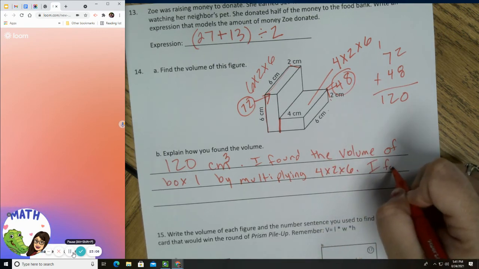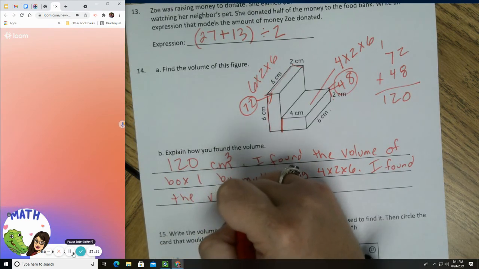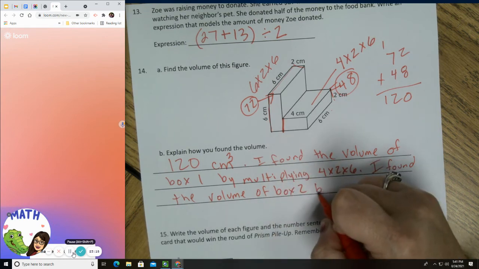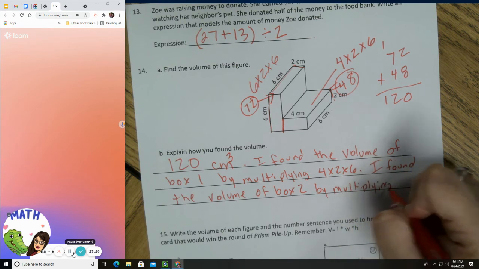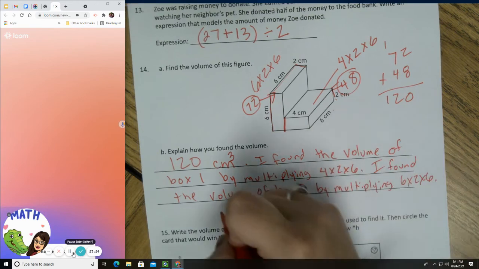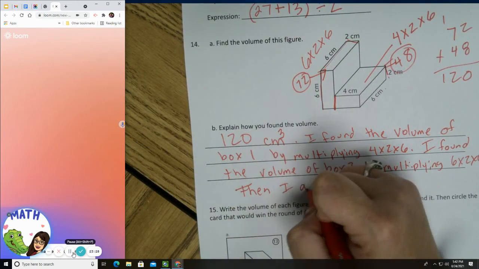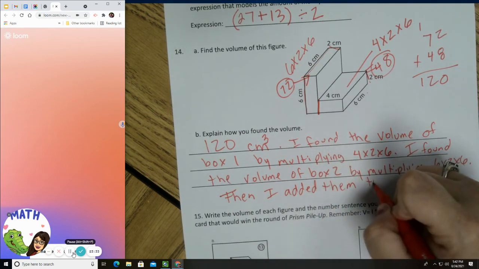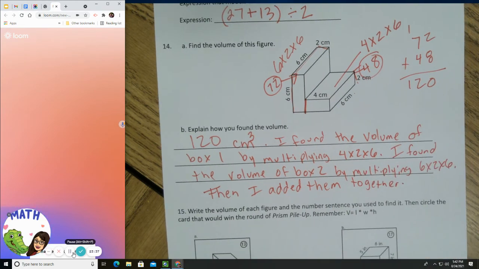I found the volume of box 2 by multiplying 6 times 2 times 6. Then I added them together. That's how you solve that problem.